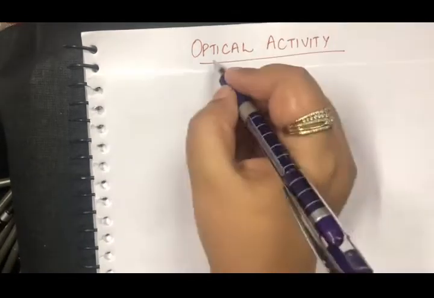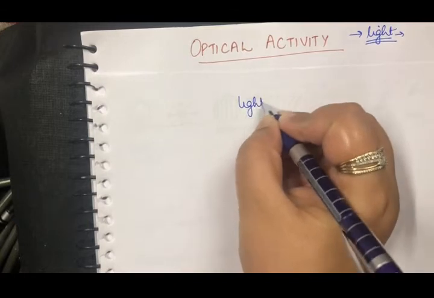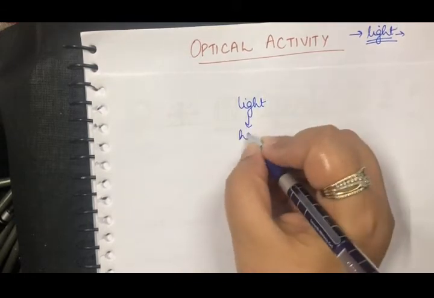Optical isomers are those which show optical activity. Now what do you mean by optical activity? Optical is related to light, right? So we are going to deal with some difference in the light that a particular molecule brings, and we know a light has got oscillations.